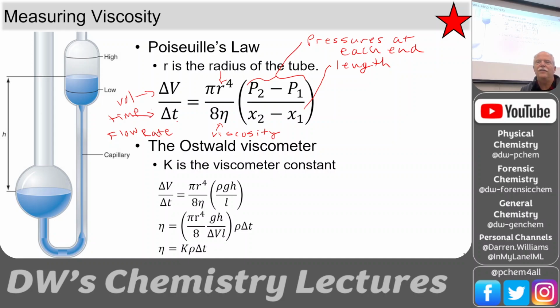Isn't that great? This is everything you need to know about flowing through a pipe. And so I have lots of questions about this on the homework because this is one of the most useful equations you'll ever get out of this course.